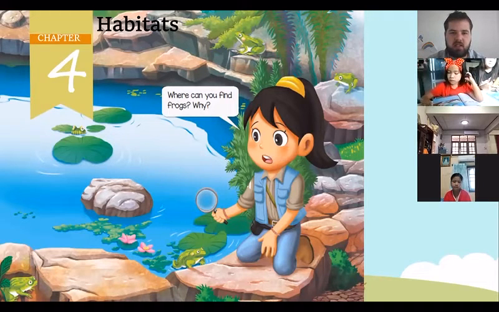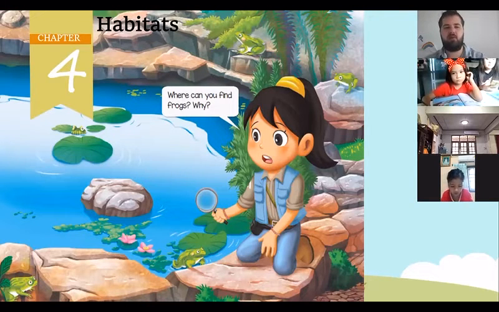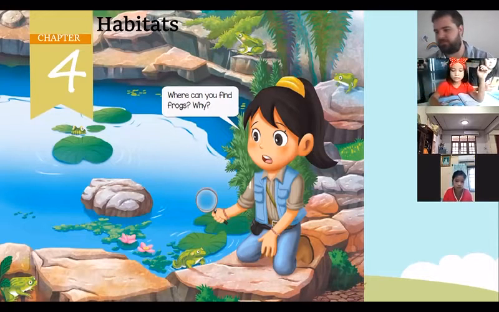So in our picture, we have a pond habitat. Can you see the pond? And we have all the frogs. Can you see our frogs? If there was no water or no food, there would be no frogs. So it's very important that a habitat has food and water.